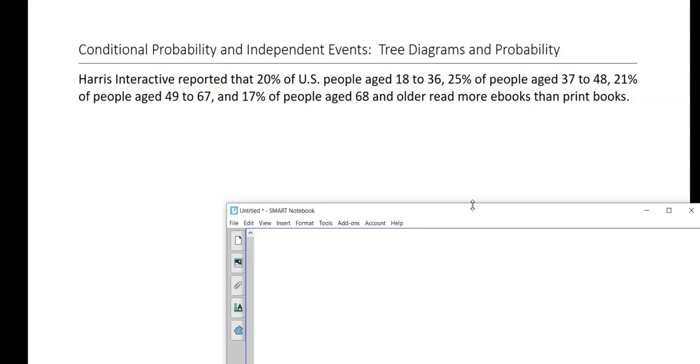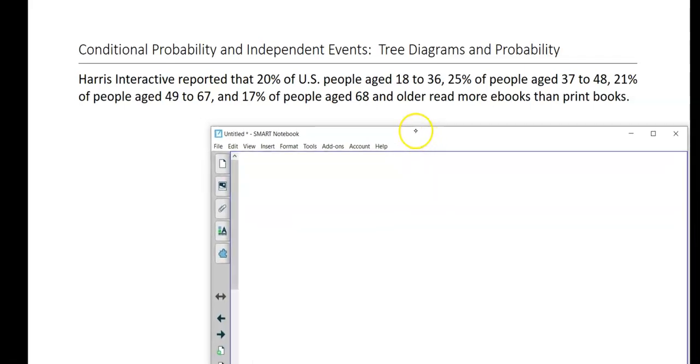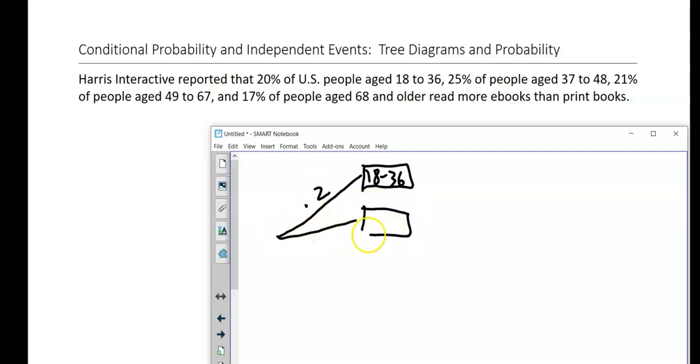So for the 20% of people, US 18 to 36. So let's just kind of start that off here. So some folks are 18 to 36. That's 20%. Then there's 37 through 48.